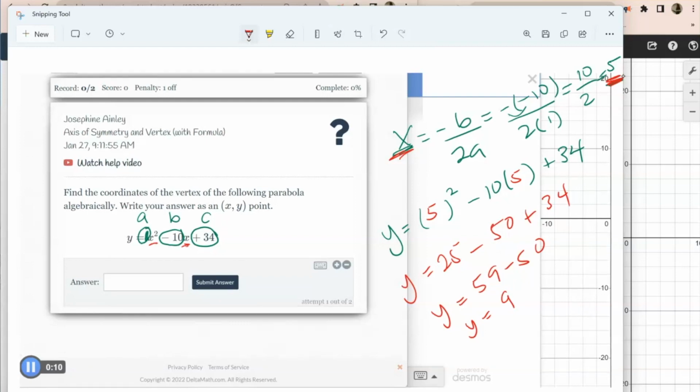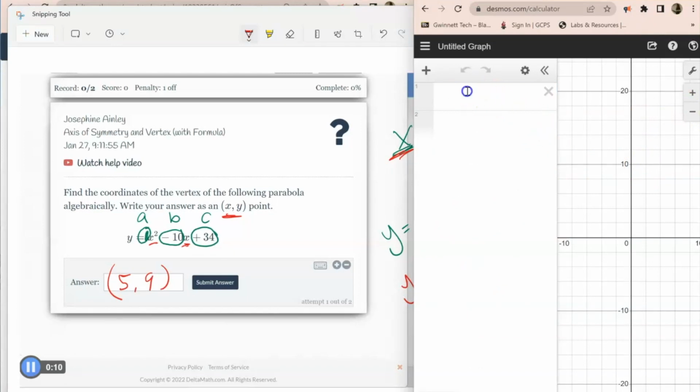All right, so the vertex, remember, has to be written as x and then y. So the vertex is going to be 5, 9. And again, you can just put that in the calculator, like the minus b divided by 2a, and just put the numbers here, and the calculator will do it for you. So b is negative 10, and a is 1, so x is 5. Then you're going to type in this equation instead of doing it by hand.